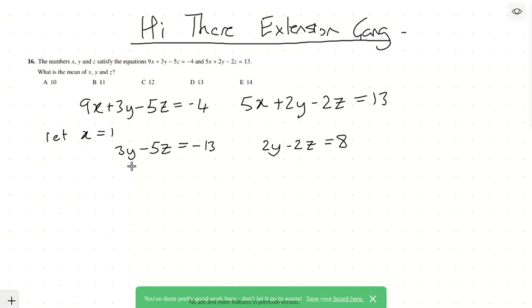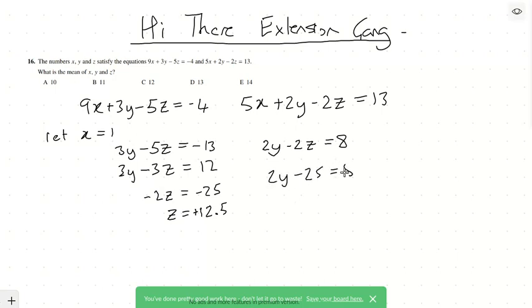I suppose I could times the second one by 1.5, giving me 3y minus 3z is 12. You'll probably solve that a different way, but it just means I can subtract now, giving me minus 2z is minus 25. So z is minus 12.5, z is positive, sorry, positive 12.5. The old sign error is creeping in there. And if z is 12.5, we get 2y minus 25 is 8.